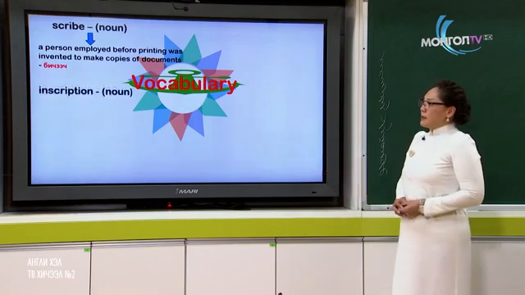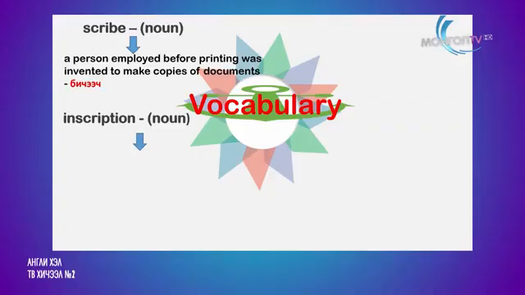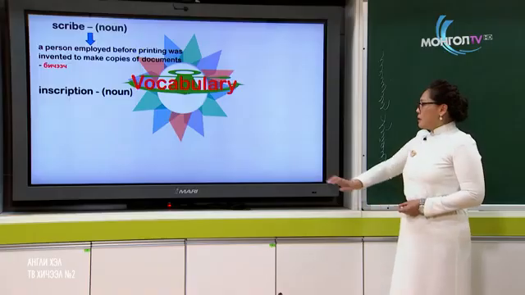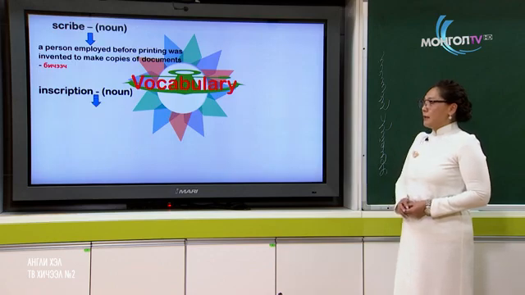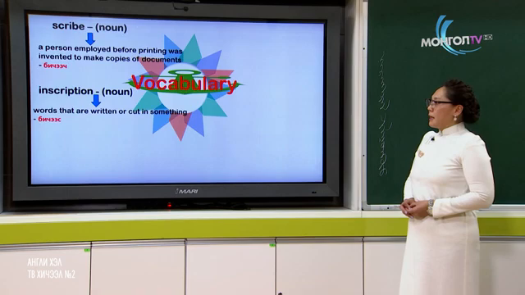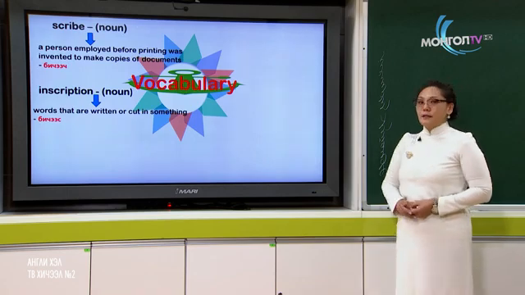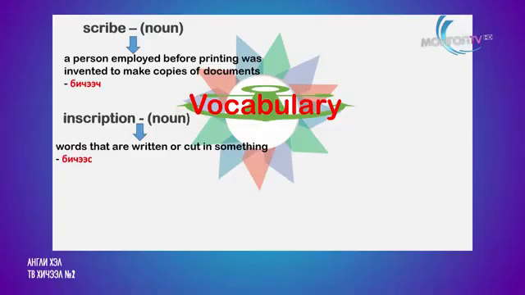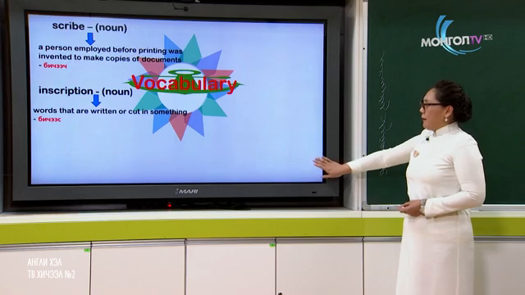The next word is inscription. Inscription. What does this word mean? Words that are written or cut into something. In Mongolian custom, in the old days, we wrote on stone.